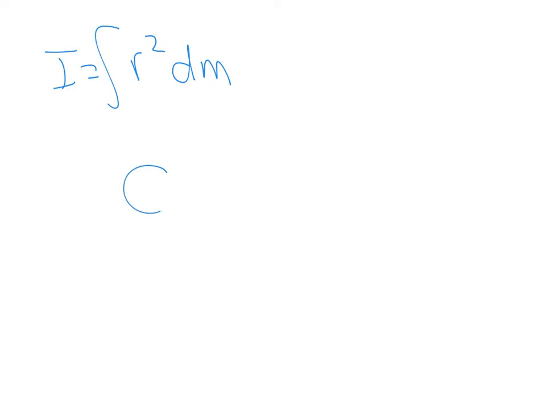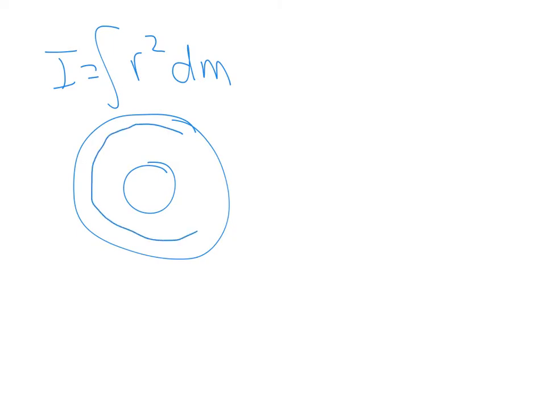So you have a circle here, and you have a circle here, right? And what we're going to do is we're going to make these infinitesimally small rings, right? And this has a depth to it, but that doesn't matter for the moment, because that's not what actually influences the moment of inertia. It's the radius, right? And so this ring has some radius.